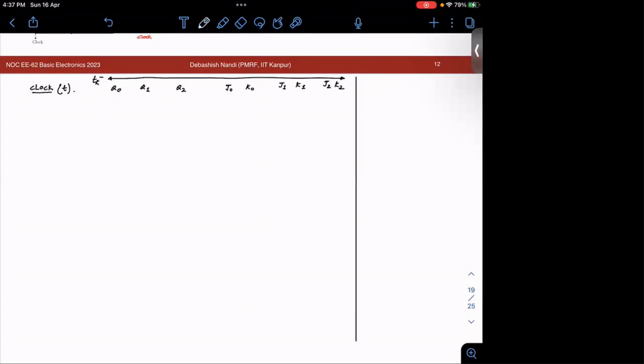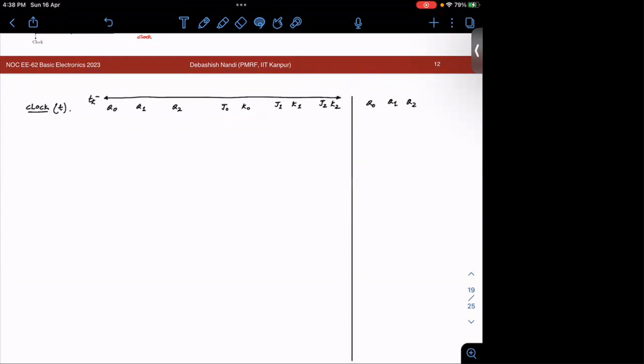And then again we will see the status of these three, Q0, Q1, Q2. So this is for TK minus, and this we want to do for TK plus.